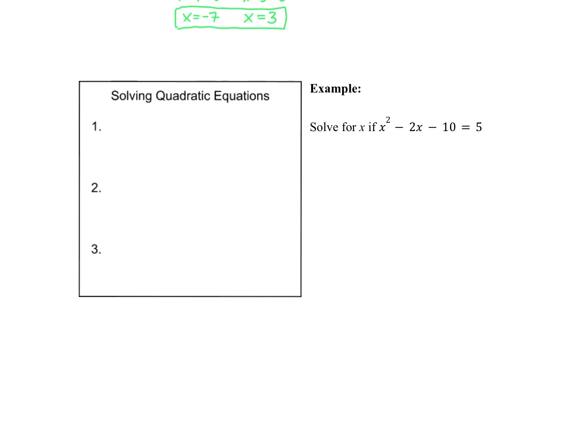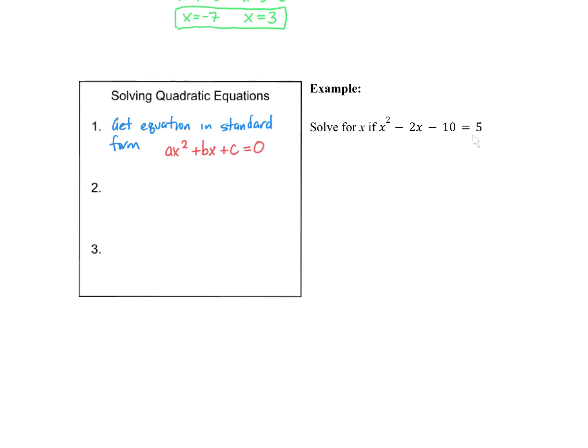Step 1. You're going to be given quadratic equations in lots of different ways. So the first step is to get the equation in standard form, and that is ax squared plus bx plus c equals 0.